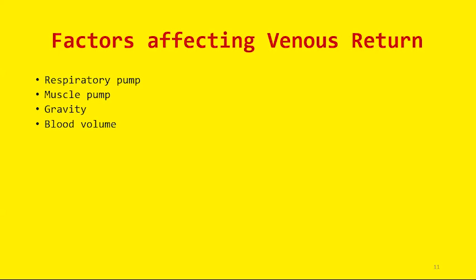The greater the blood volume in the body, obviously, the greater the amount of blood that will be carried into the right atrium, and vice versa. Now, venous pressure, or the pressure gradient in the veins, is another factor that determines venous return.